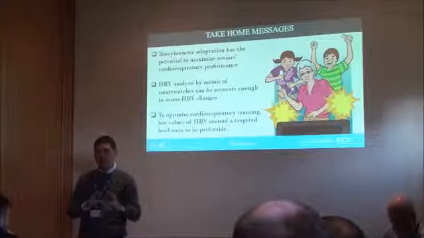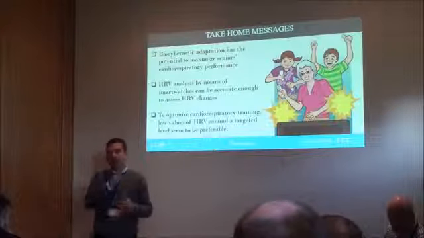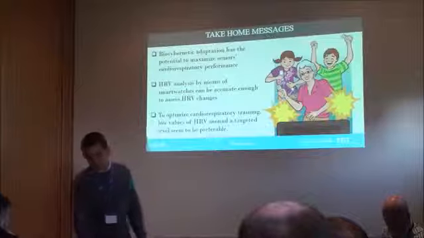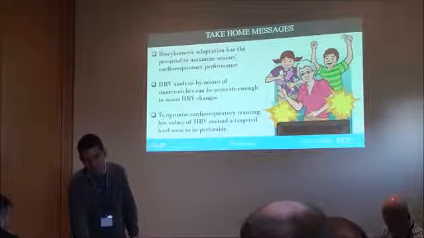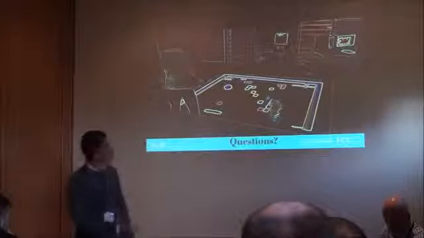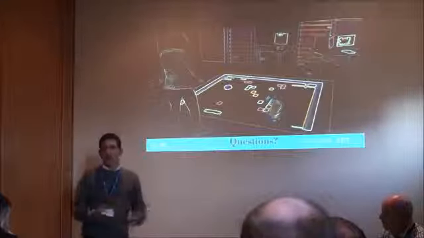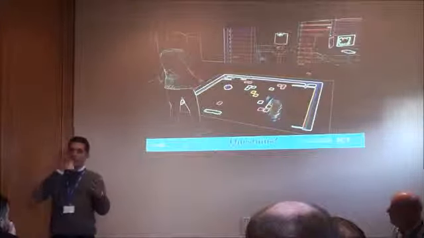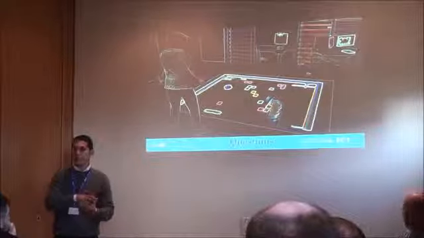Again, the variability around this targeted heart rate zone is still something that we have to discuss in the next experiments.